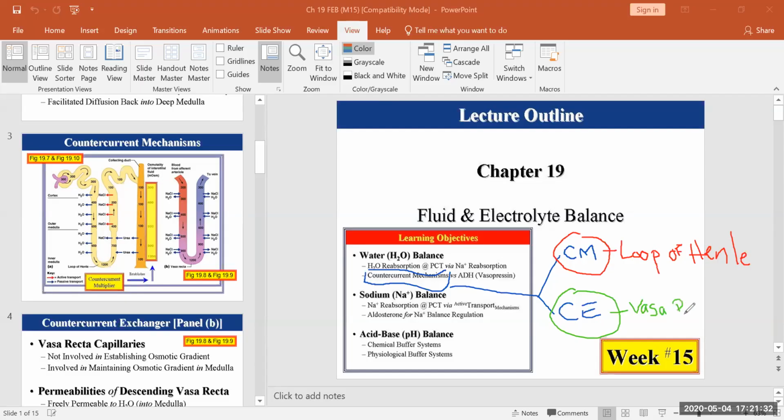So it's a capillary bed that interacts closely with the loop of Henle. And when you hear the word vasa recta, we are talking about juxtamedullary nephrons with long loops of Henle, okay?